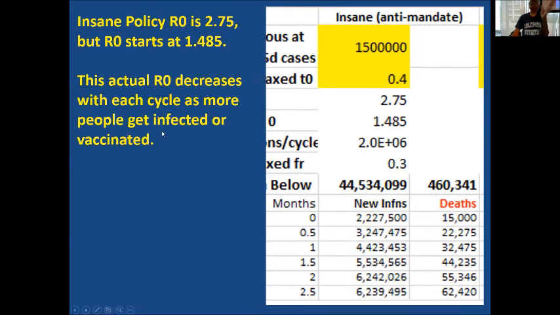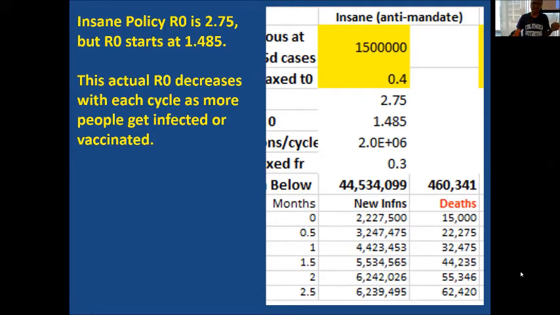So the proportion of people that are infected or vaccinated is going up with time. And so you find that even this 1.485 keeps going down. Each successive time here, you'll see that the increase is less and less until, in a few cycles, by 2 months, there are enough people infected and vaccinated that it's leveled off now.